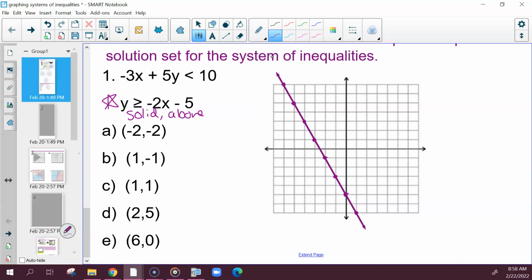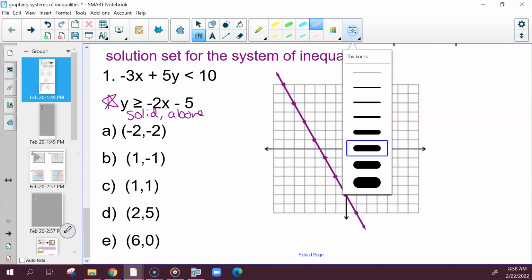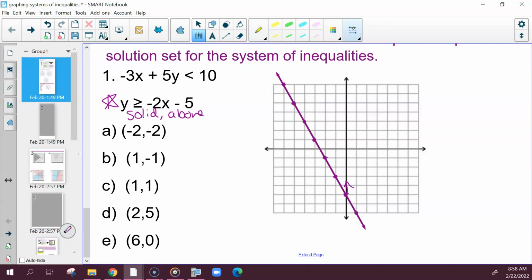Alright, above for this one would be in this area. Remember, if you aren't sure which one is above, draw an arrow up and down from the y-intercept. Up would be above, down would be below.